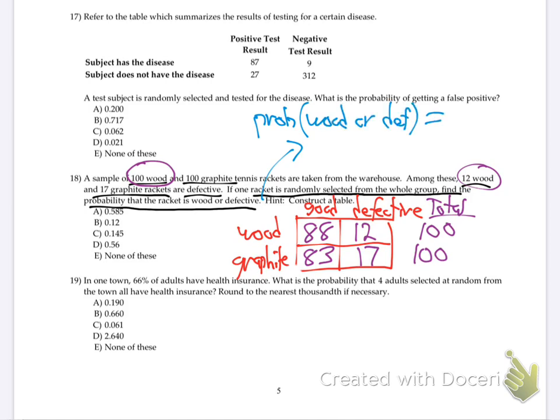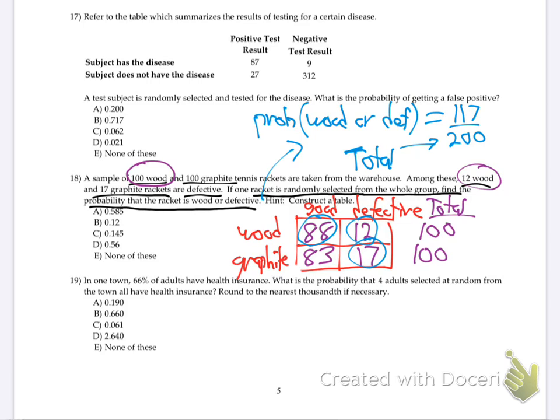Let me go among them and say which ones are wood or defective. Well, both of these are wood, and this group is defective. So we just add all those up, and that's going to be 117, isn't it? Over 200. Remember, the bottom is always total on probability.